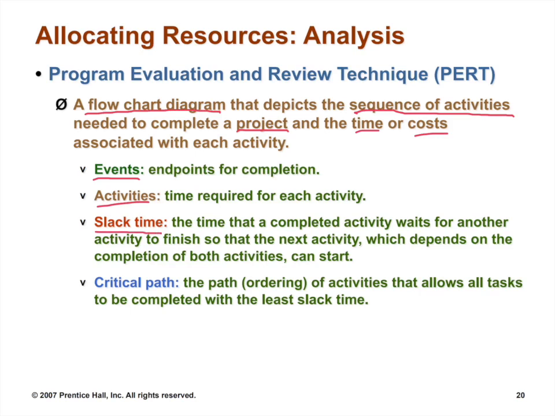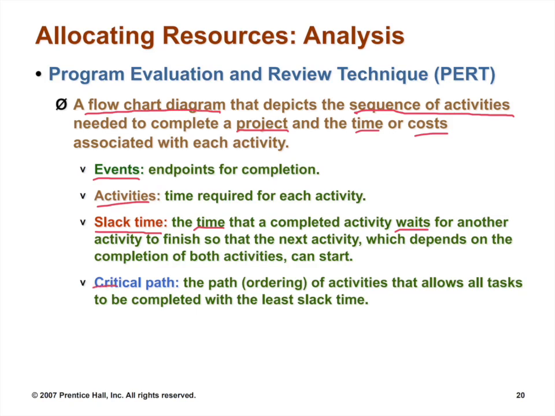The slack time is the time that a completed activity waits for another activity to finish, so that the next activity, which depends on the completion of both activities, can start.